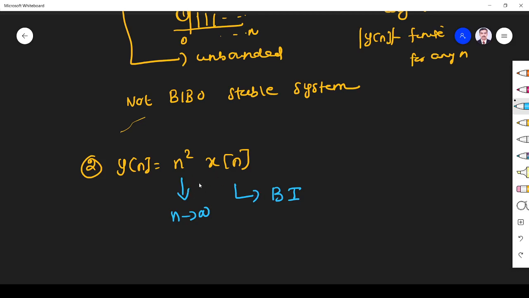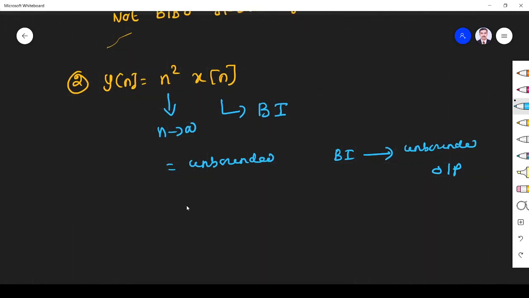Any bounded value multiplied by infinity, the result will be unbounded. So a bounded input produces an unbounded output. So this is called an unstable system. It is not stable.